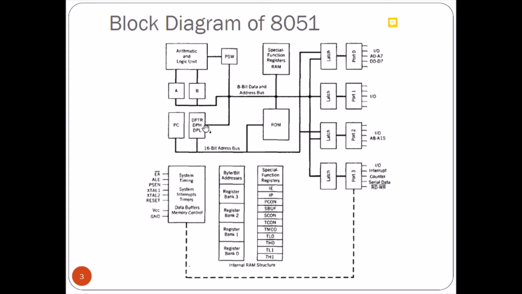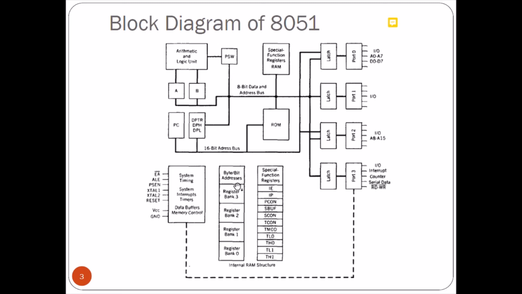Then we have DPTR, which consists of DPH higher, DPL, and we have here special function registers and RAM. Special function registers, we have these for interrupts, controlling the serial data and timers, then timer registers for the timers we have in special function registers.